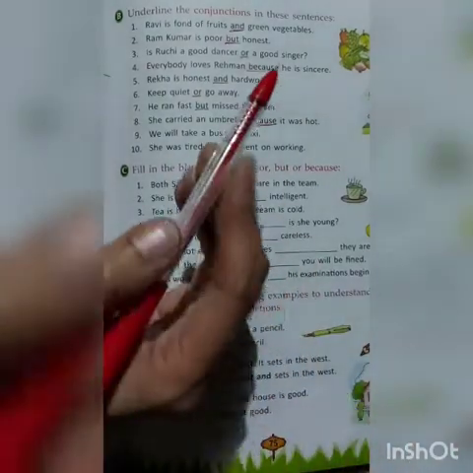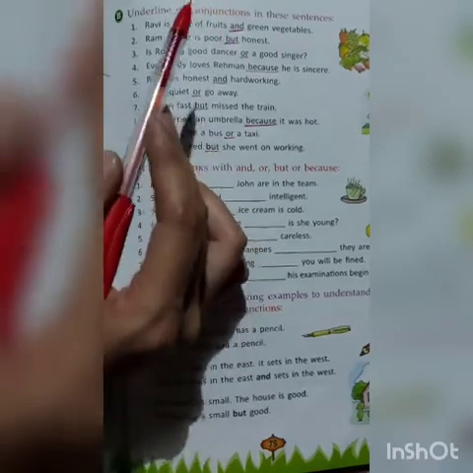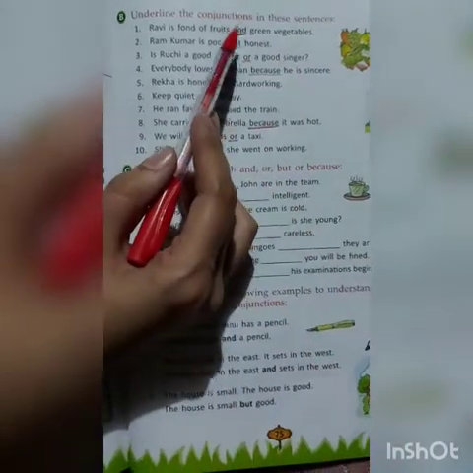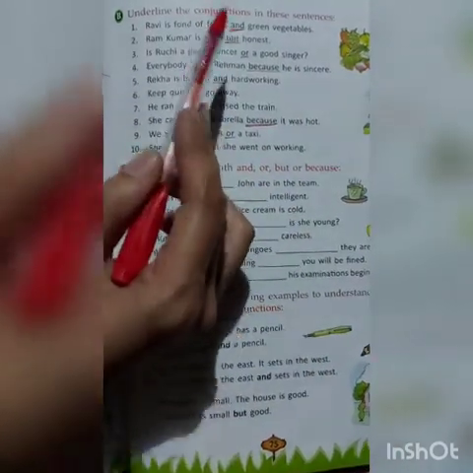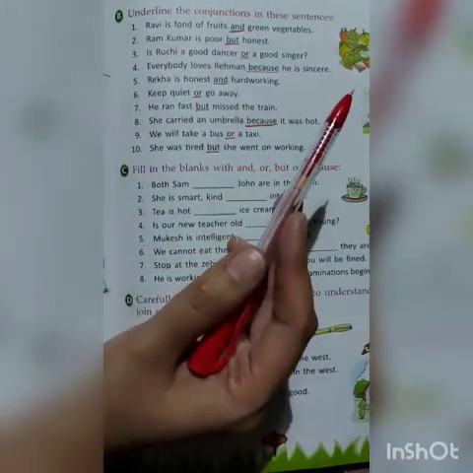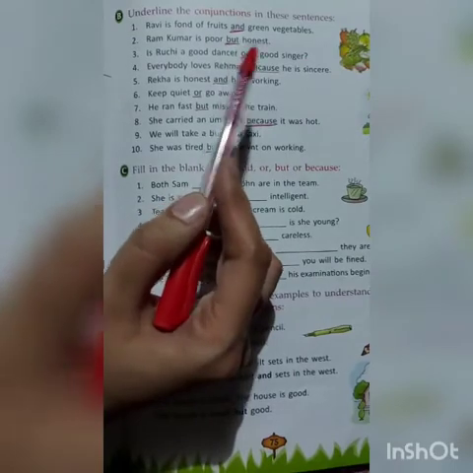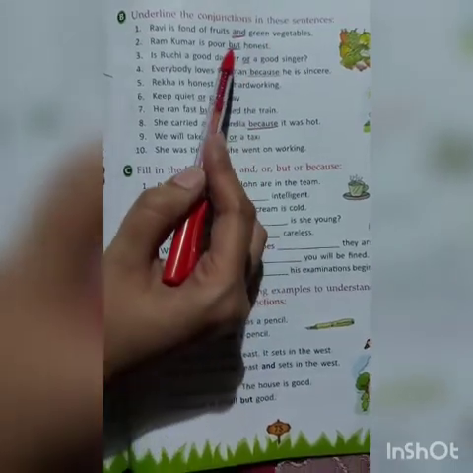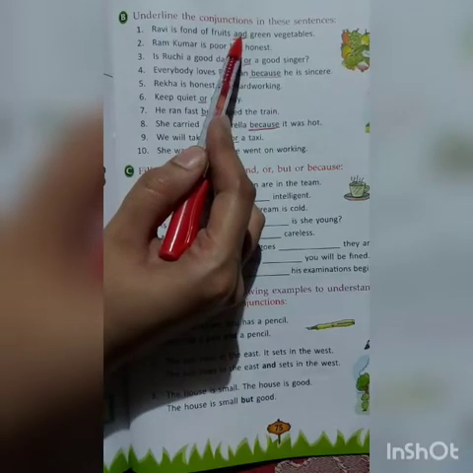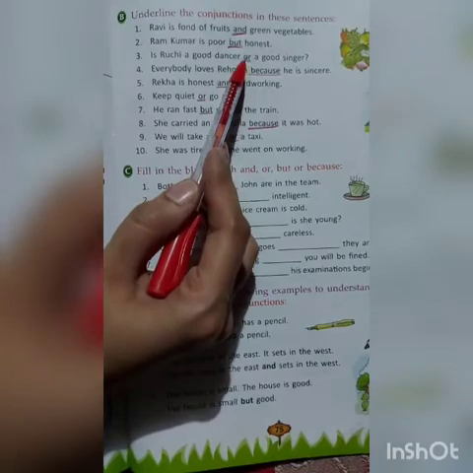So children, let me tell you once again that when we are talking about two similar ideas, we use and. When we are talking about opposite ideas, then opposite ideas are joined by using the conjunction but. Then we have or.